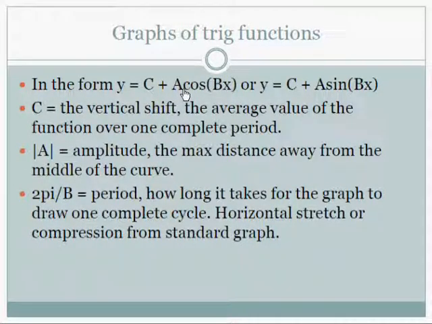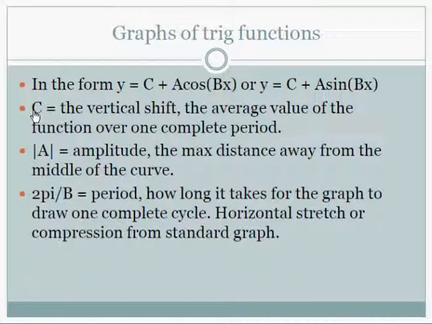But we know just based on a couple of these values some specific qualitative things about the function as well. So for example, our vertical shift, which is just c, the number in front of our function, is just how much we are going to raise or lower our function on the y-axis compared to our regular function.